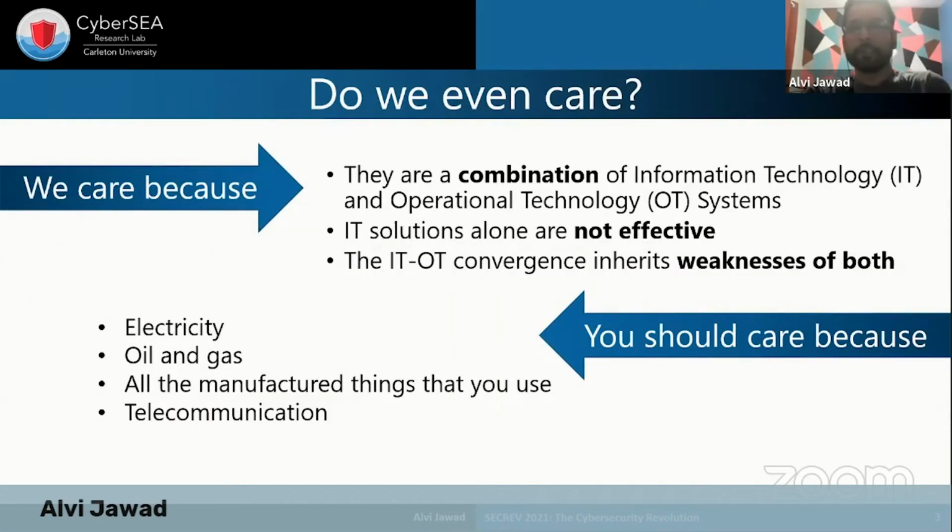Now, do we need to even care about this? Well, we researchers care because these systems, as I said before, are a combination of information technology and operational technology systems. That's really good, but at the same time, it also means that we have to care about both aspects. IT solutions alone, and a lot of the security solutions that were built for IT systems, are not effective for these systems.